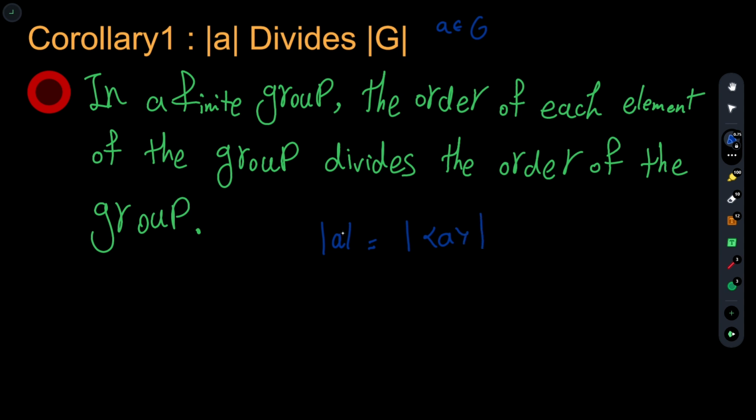And we know that this right here is a subgroup of G. We just said that the order of a subgroup of G divides the order of G, so this equation right here holds, and that's the proof of our first corollary.